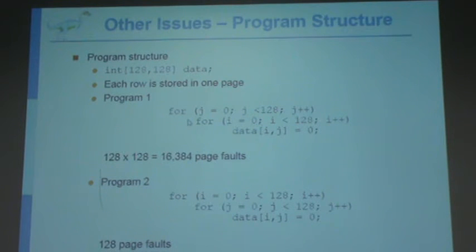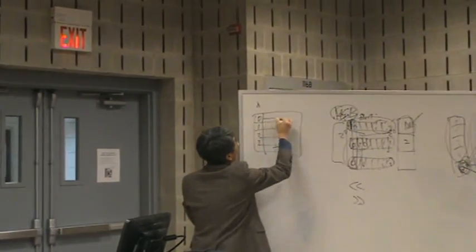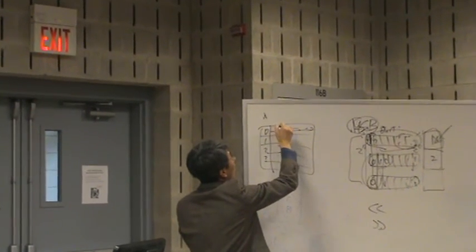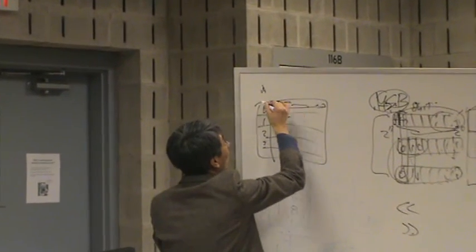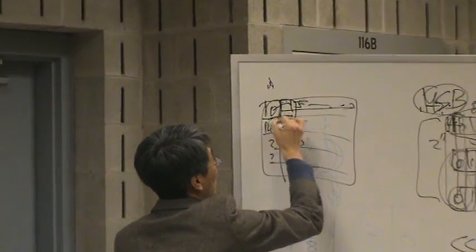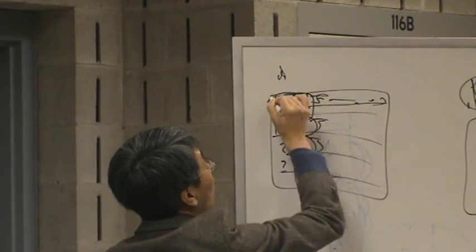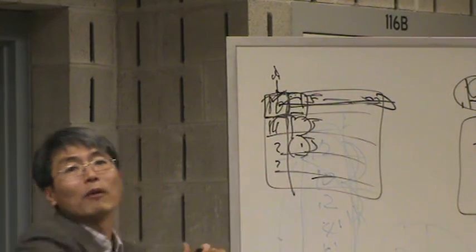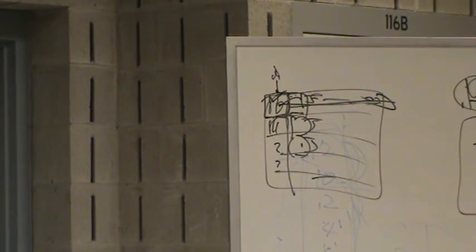So for example, this is the sequence of memory addresses. I values 0, 1, 2, 3 are pointers, and the J's are here. If you access J first, then this one is a page fault, then this one, page fault, then this one, page fault. Instead, if you access I first, there is a page fault, and then you can access the data without page faults. That is the reason.